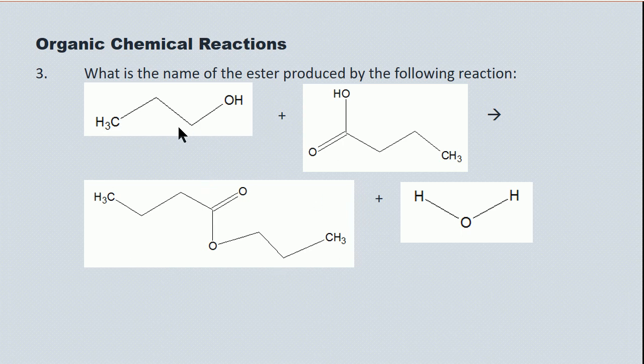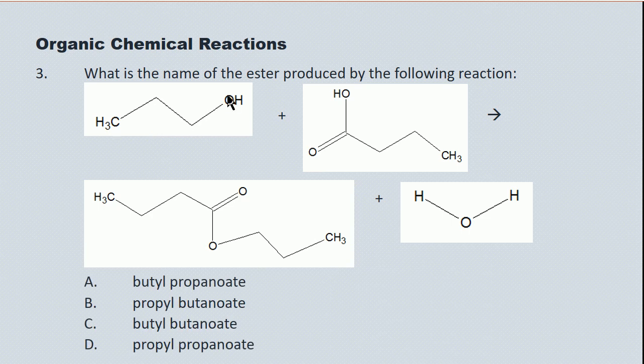So, of course, the alcohol forms the prefix of the name, and propan-1-ol becomes propyl. So choice A and choice C are out. Butanoic acid forms the root of the ester's name, 1, 2, 3, 4. Butanoic acid becomes butanoate. So this is in fact propyl butanoate, and the answer here is B.